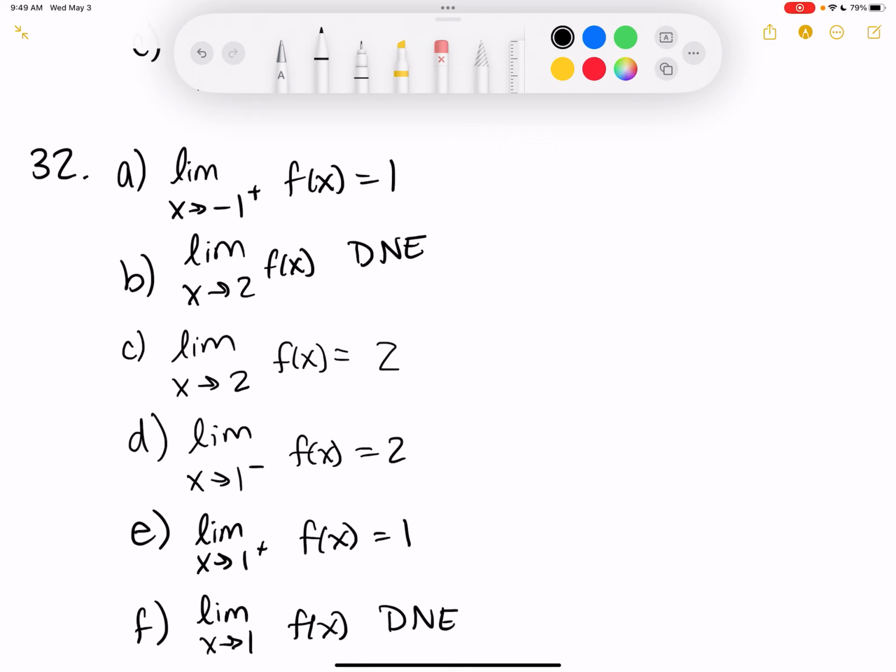First one is true, if I'm reading that correctly. Okay, so as x approaches -1 from the right, I said true. Is that what you're sticking with?